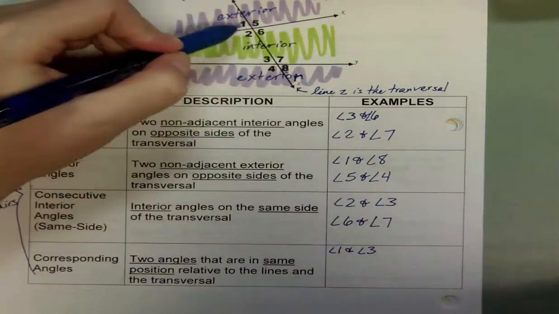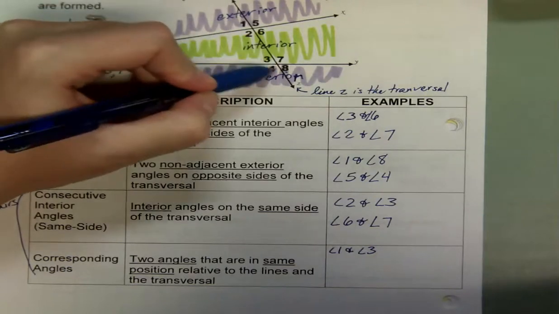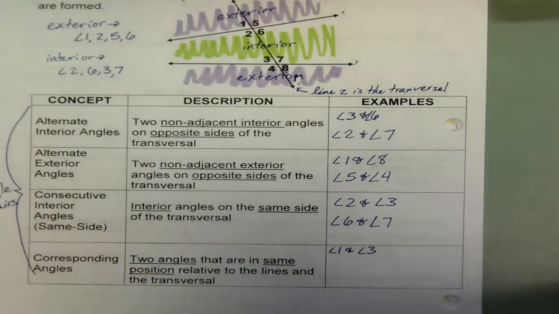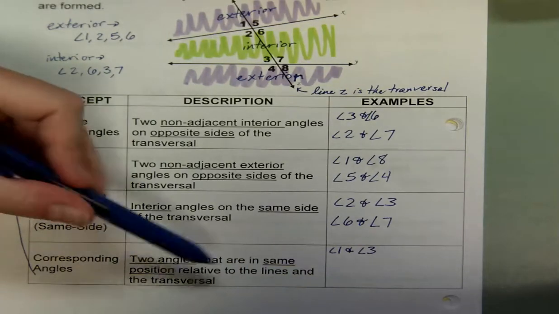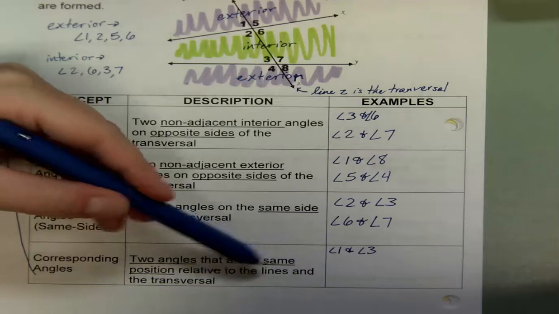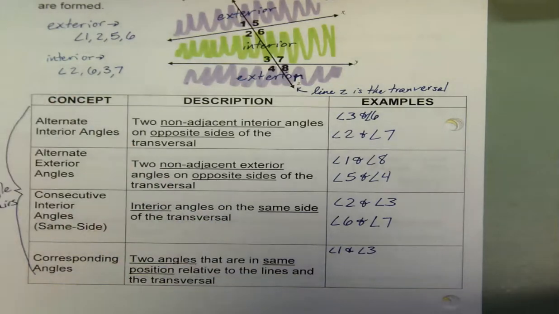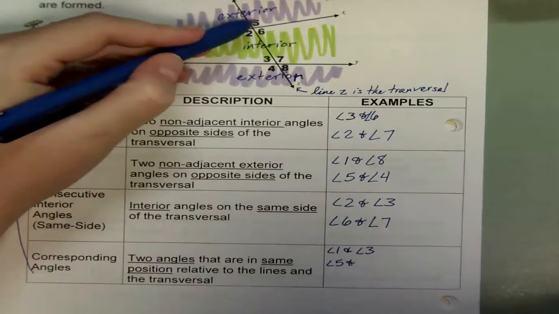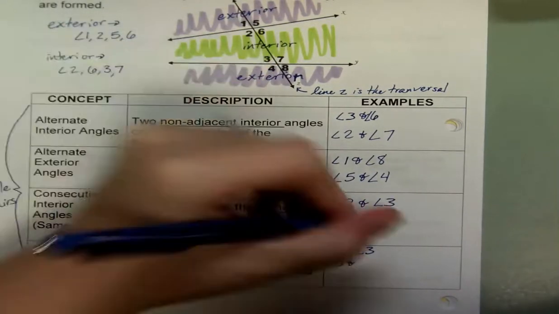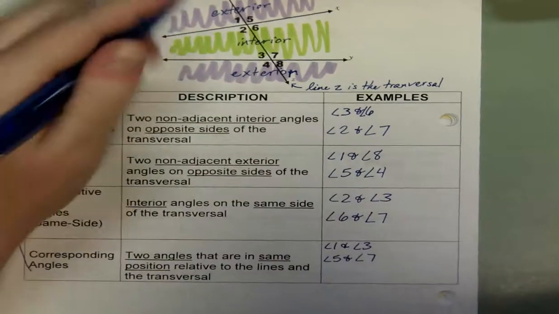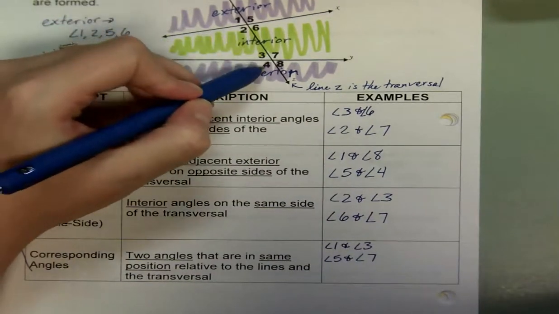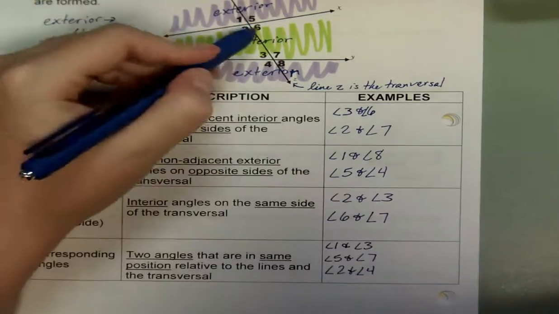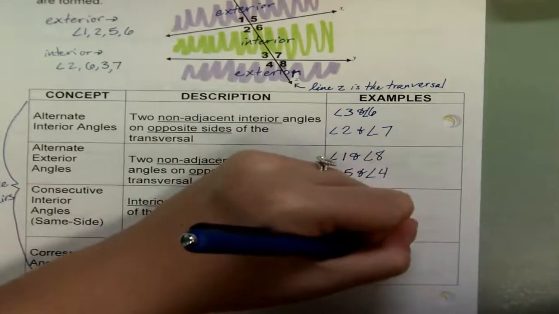So whichever one is in the same spot, top left-hand corner of their group of angles, is going to be corresponding because the spots correspond with each other. So the 2 angles that are in the same position relative to the lines in transversal. So angle 5 would go with, in the top right, would go with angle 7. Angle 2 is in the bottom left, it would go with angle 4. And then angle 6 goes with angle 8.